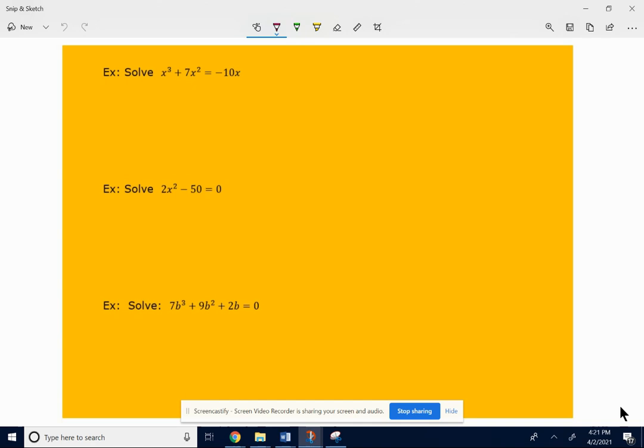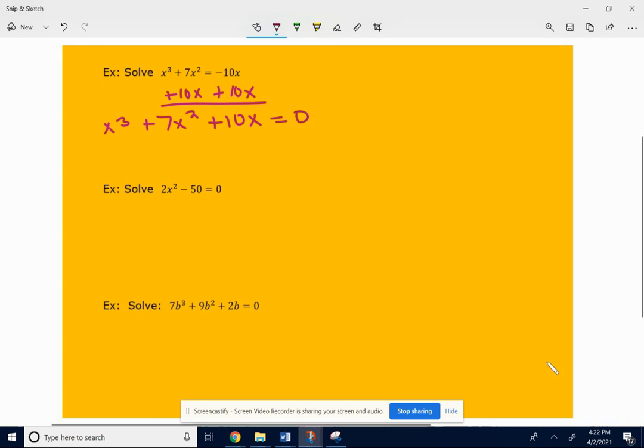Let's get rid of the subtracted 10x. Let's add 10x to both sides. When we do that, we're going to have x to the third plus 7x squared plus 10x equals 0.